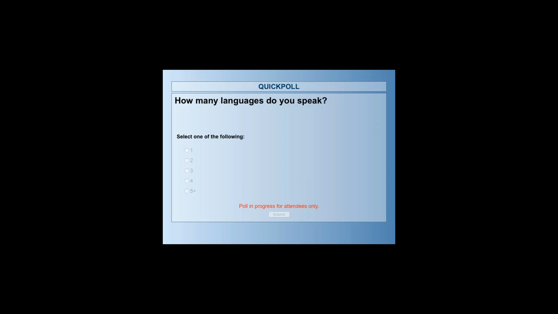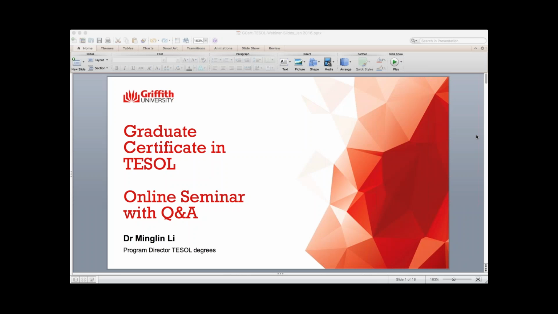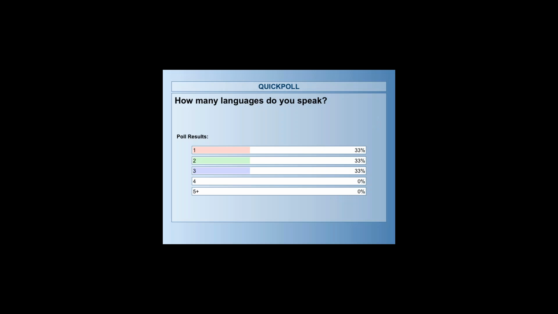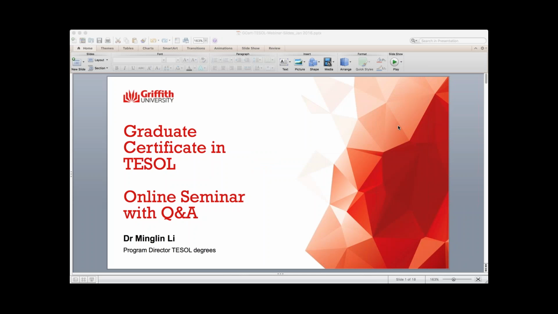Let me close that poll so we can look at the results. A third of you speak one, and everyone speaks either one, two, or three languages, which is great. While I've got the results up, go ahead and type into the chat what languages you speak, so you can make sure you know how to use that feature.